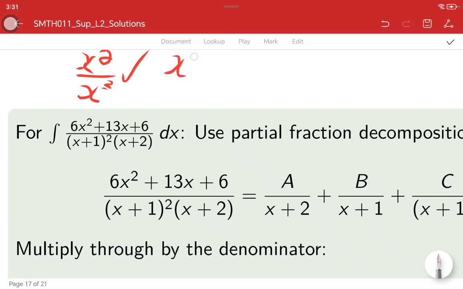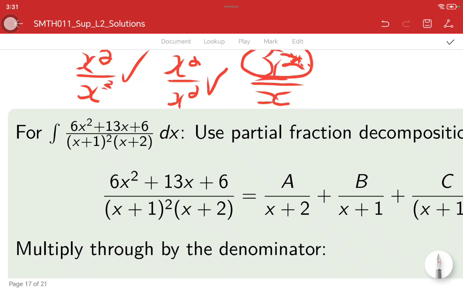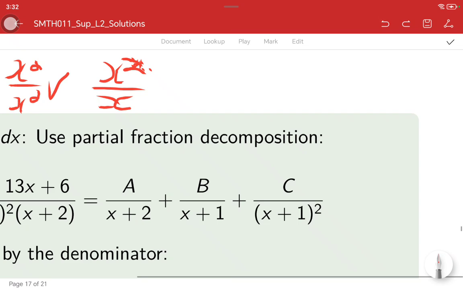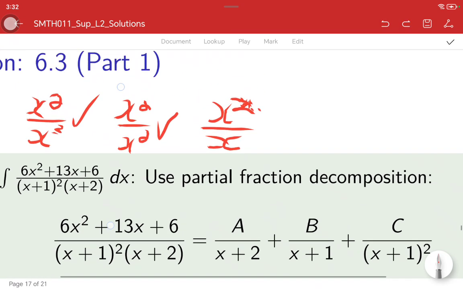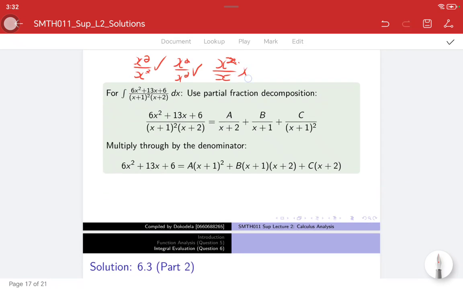If the numerator is x squared and the denominator is x squared, you can apply partial fraction. If the numerator is x squared and the denominator is x, you can't apply partial fraction, because the numerator has a higher degree than the denominator. The degree of the numerator in this case is 2, and the degree of the denominator is 1. So you can't apply partial fraction here. You must apply long division first.